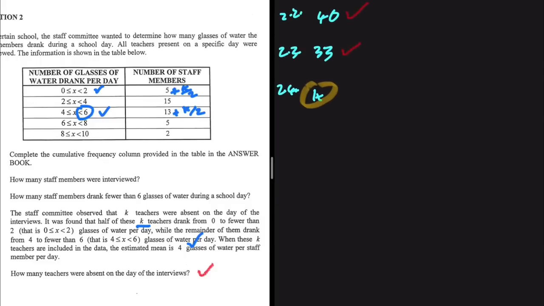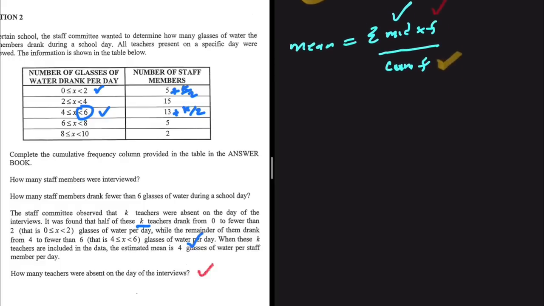The formula we have is the mean being equal to the sum of the midpoint multiplied by the frequency, divided by the cumulative frequency, the total number of staff members. So we need to find the midpoint, multiply that with the frequency, and then divide by the cumulative.